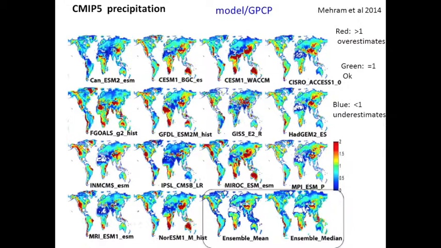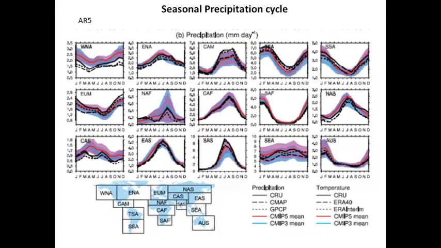So there are many regions where the errors are not so high. There are still errors, but they're not so big. So this is one way to look at the behavior of the model.